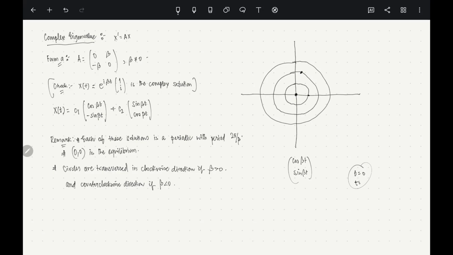Now, t equals 0 is 1, 0, right? And t equals, let's say, pi by 2 beta. Beta is positive. So this turns out to be cosine pi by 2 and sine pi by 2. Cosine pi by 2 is 0 and sine pi by 2 is 1. So this is here.